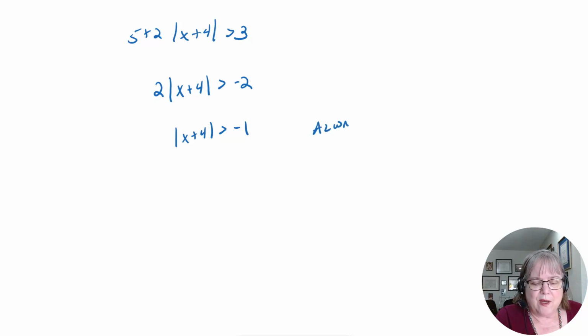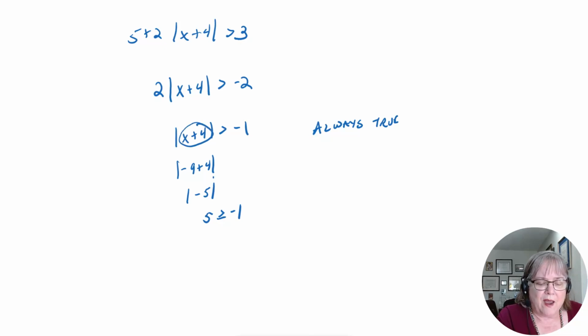This would be true for any value of x, because even if you put a negative in there, like the absolute value of -9 plus 4, okay, that would be the absolute value of -5. The absolute value of -5 is 5. 5 is greater than -1. So no matter what you put in here, after you take the absolute value of it, it's going to be greater than a negative.